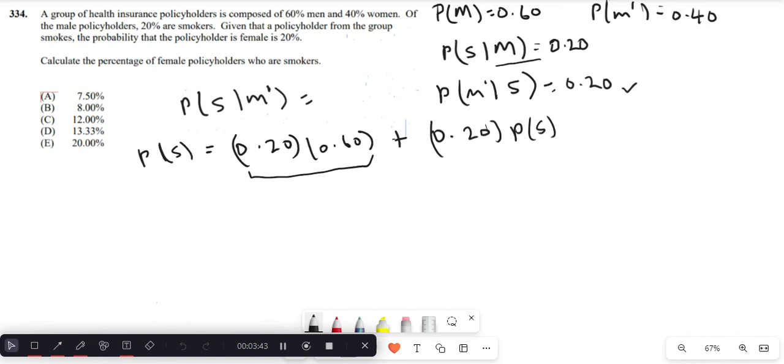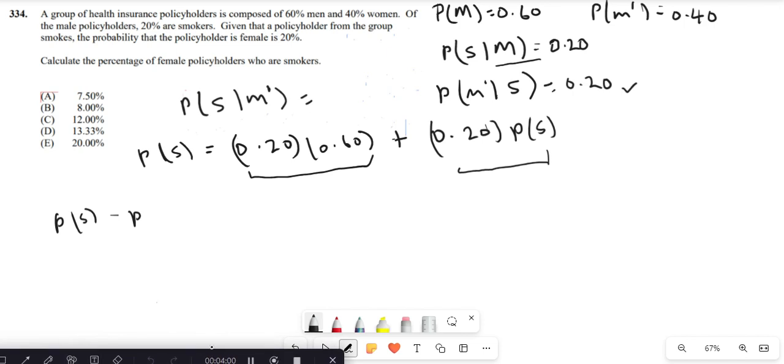Alright, I'm going to solve for S. So I'm going to bring this over to the left hand side, so I'm left with the probability of S minus 0.20 times the probability of S, which is equal to 0.2 multiplied by 0.6, and that is 0.12.